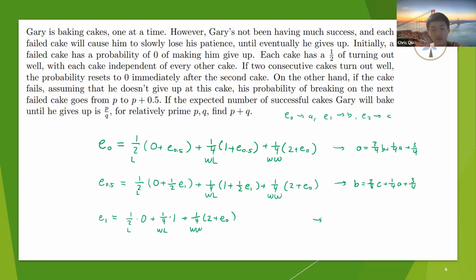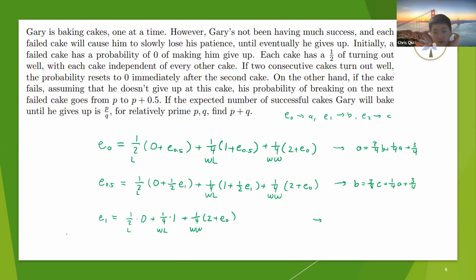There's no E2. So these things represent the expected number of successful cakes that Gary will bake, given that he currently has a probability of 0 of giving up, or in this case 0.5 of giving up, or in this case a probability of 1 of giving up.